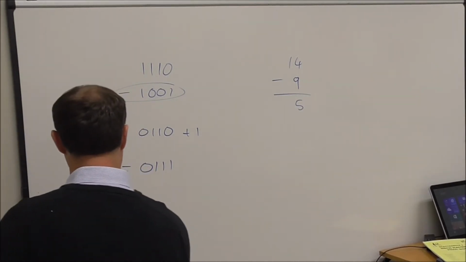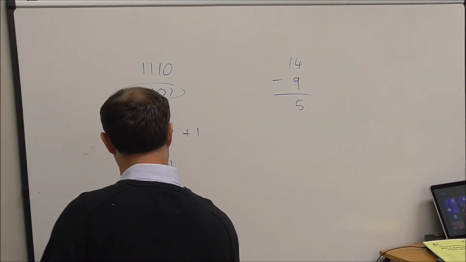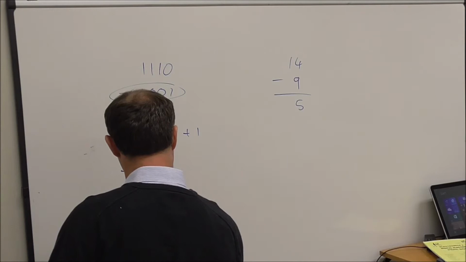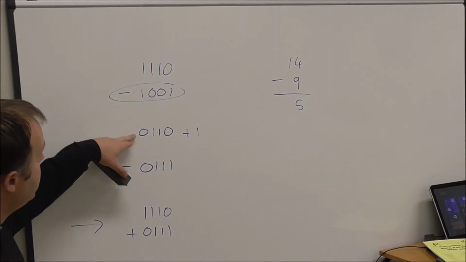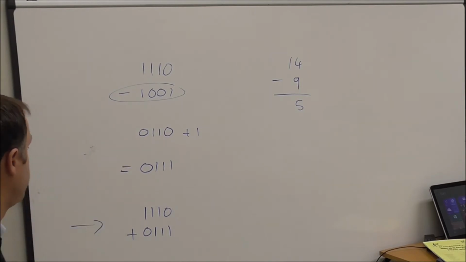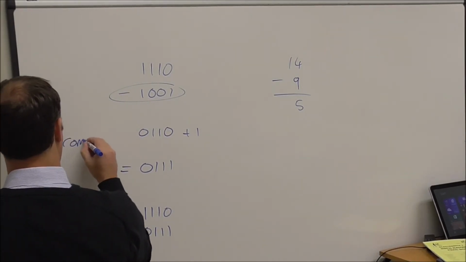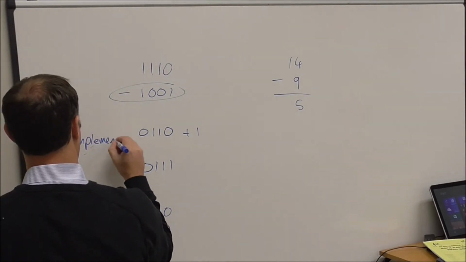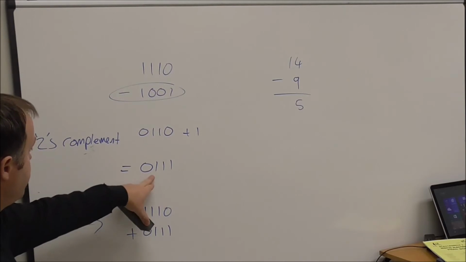So that now the sum is like that. Okay, so you're flipping and you're adding 1. So this is the 2's complement. Well, this is the 2's complement of that.